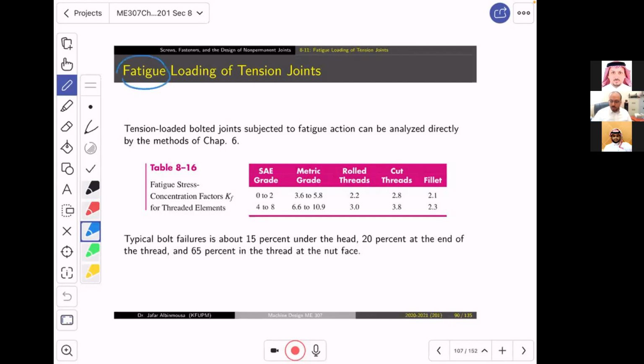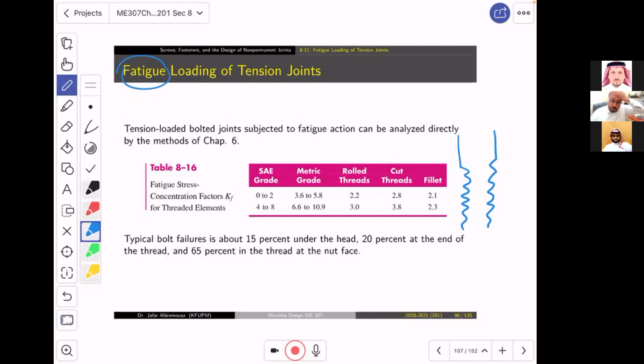And it is fatigue. So the first thing that you should know is that as much as you might think that this is going to be a tough deal, why? Because here you have a threaded part and you have a nut and so on. So how are you going to deal with those complexities?